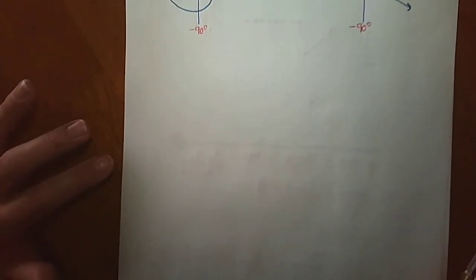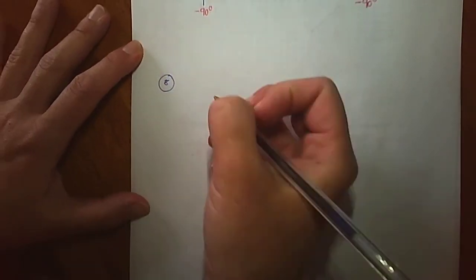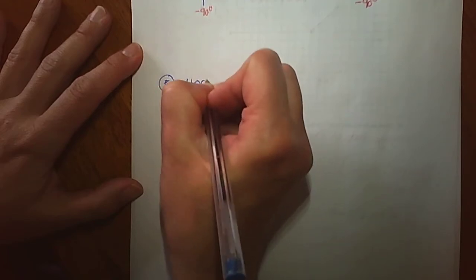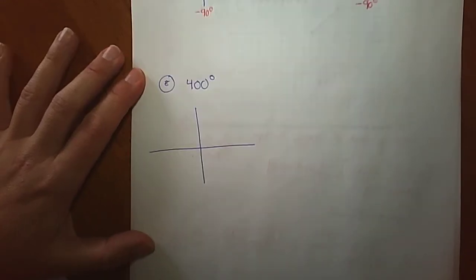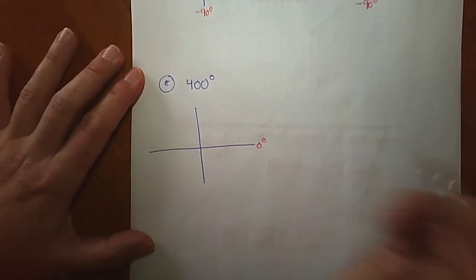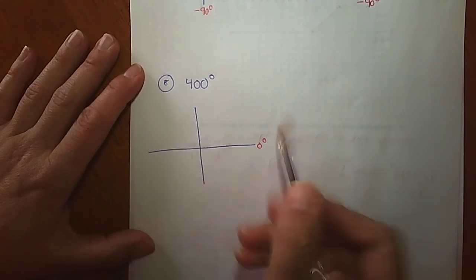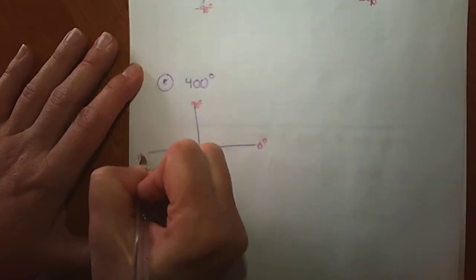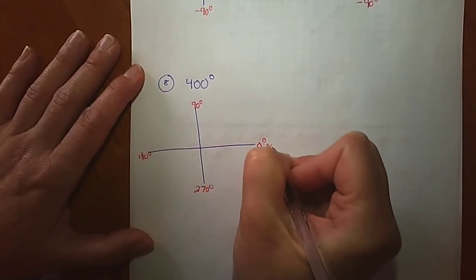All right, now I'll give you 2 different ones. What if I wanted you to graph 400 degrees? Okay. This is 0, right? It's positive 400. That means we're going to go this way. So from here to here, it's 90, 180, 270, 360.